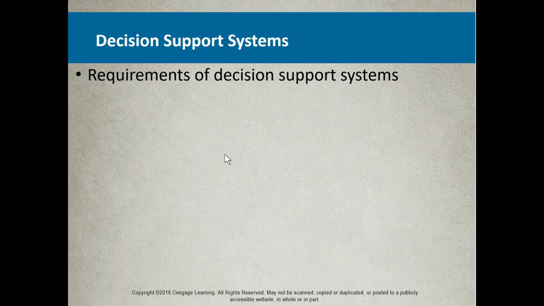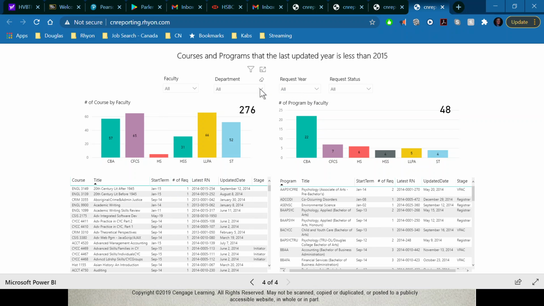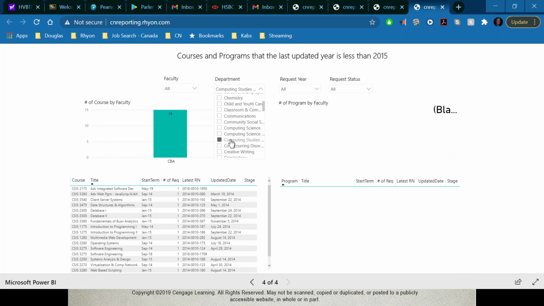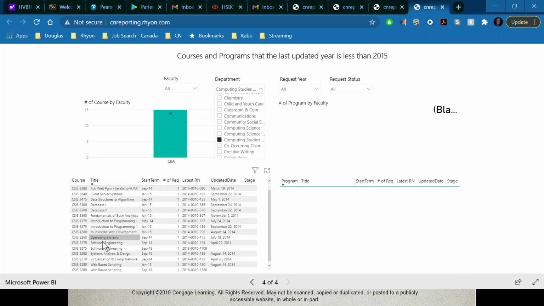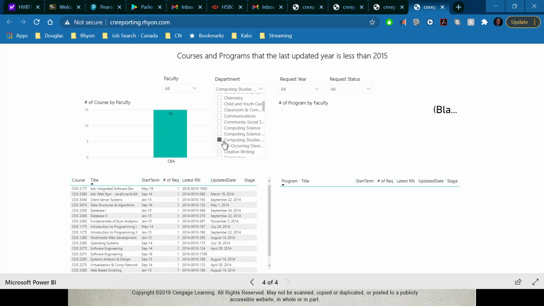So for these decision support systems, the requirements you're going to need: they should be interactive. Like the one I just showed you, you should have this interactive opportunity. Let's say I want just the computer studies department. That's the department, and it tells us the number of courses by the faculty, and it gives us all of the courses, according to the time of this data input.